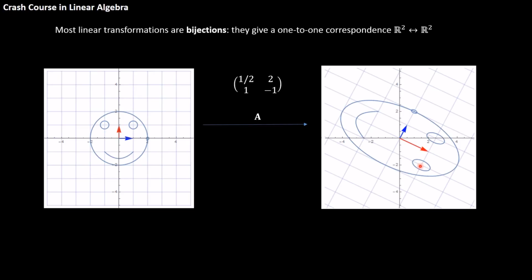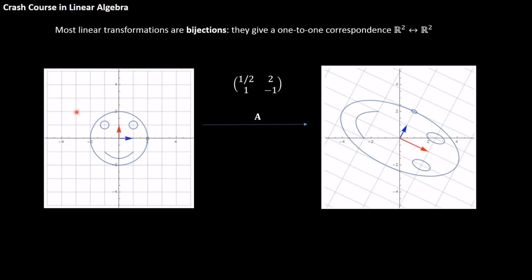If you take any point on the right-hand side, like this point here, there's always going to be exactly one point from the domain that maps to it. Because that's really important, I'll say it again. For each point on the right-hand side, there's exactly one point on the left-hand side that maps to it, and we say that this mapping is a bijection, if that's true.